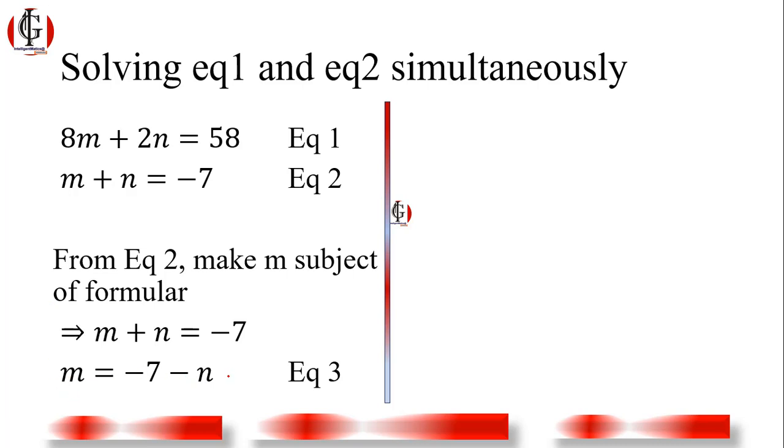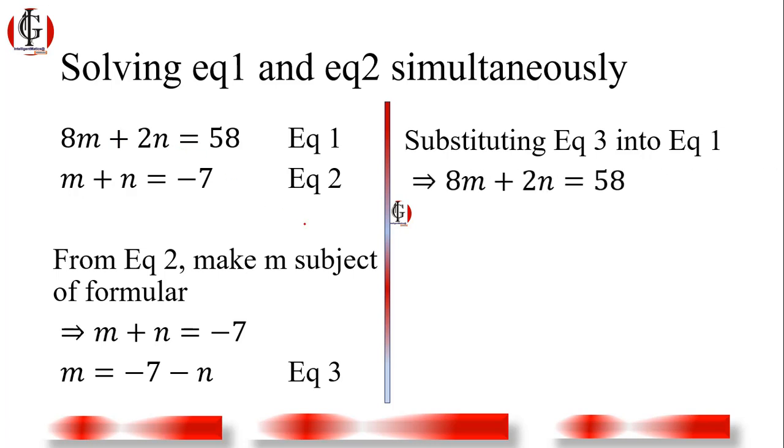So if m equals minus 7 minus n is substituted into equation 1, I'm going to have 8m plus 2n equals 58 from equation 1. Then substituting minus 7 minus n for m, I'm going to have 8 into open bracket minus 7 minus n close bracket plus 2n equals 58.